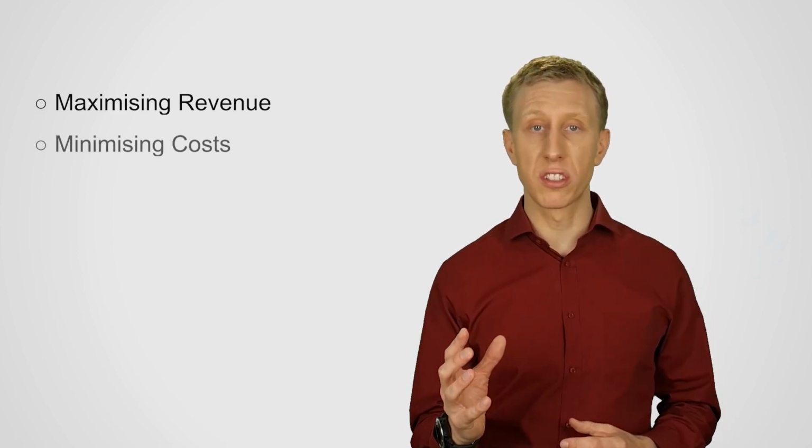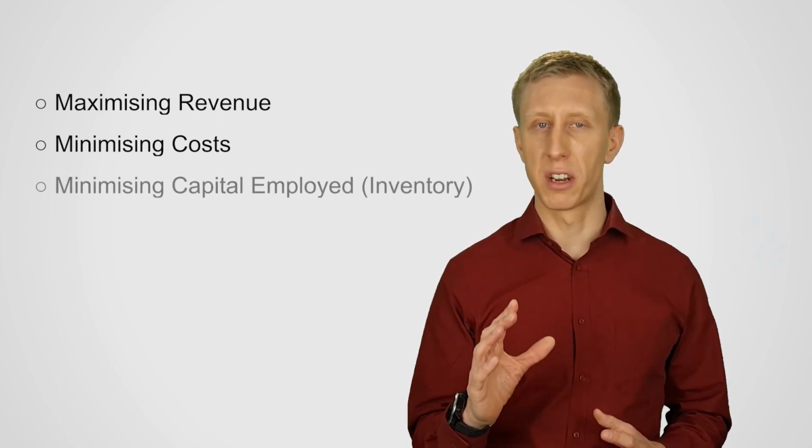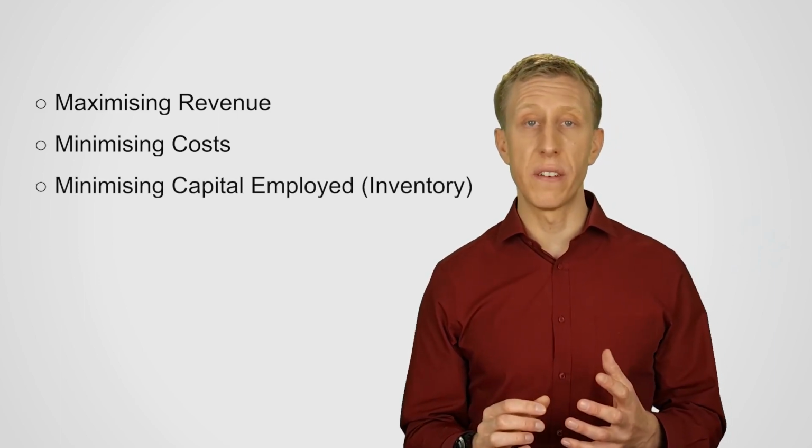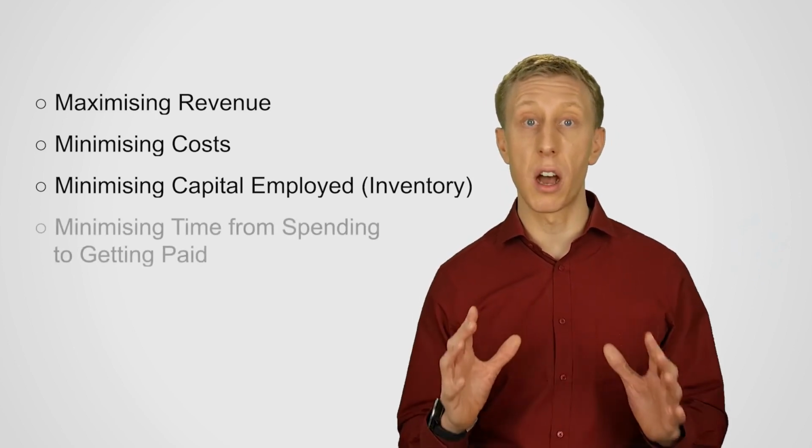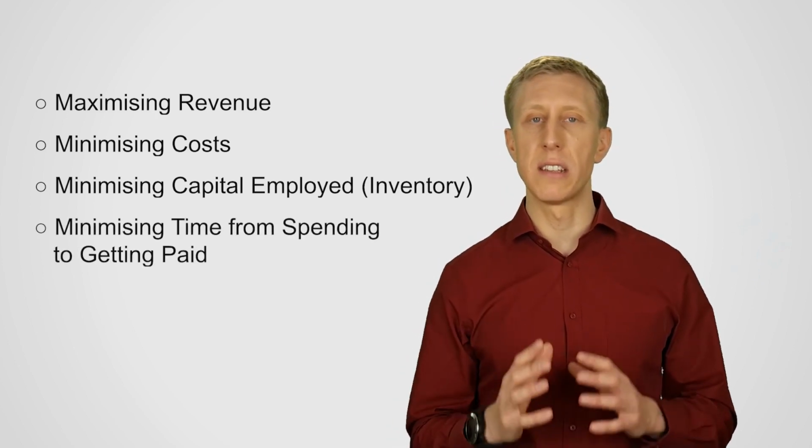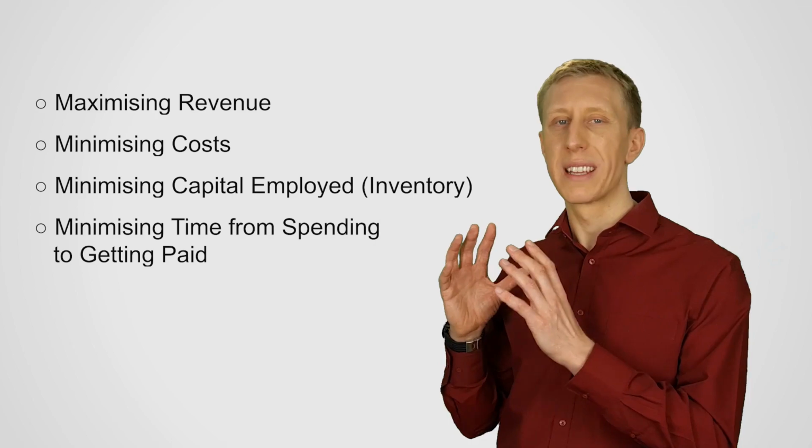Specifically, maximizing revenue, the quantity of deliveries to customers and their satisfaction, minimizing costs, keeping control of invested money, the capital employed, the quantity of inventory, and minimizing the time from your supply chain spending money to getting paid.